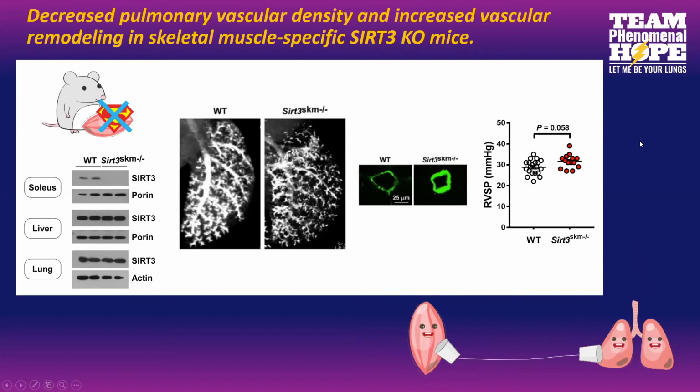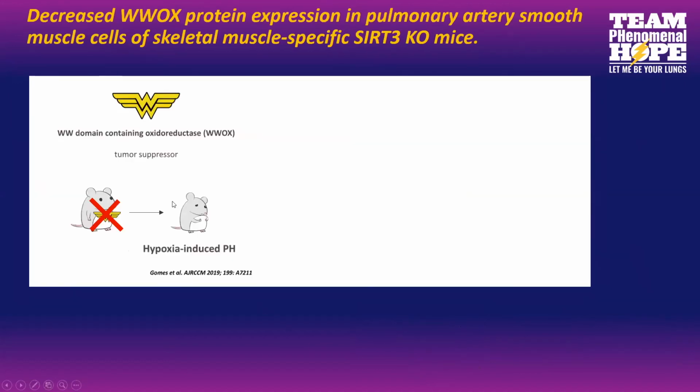So currently our lab is also interested in another protein called WWOX. So it is a tumor suppressor. It has been shown that in pulmonary arterial smooth muscle cells, if you don't have this WWOX protein, the smooth muscle cells proliferate more.